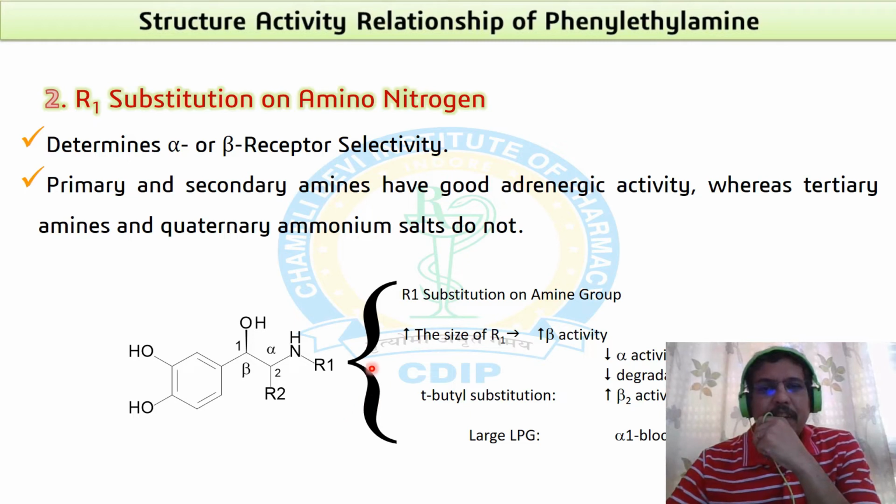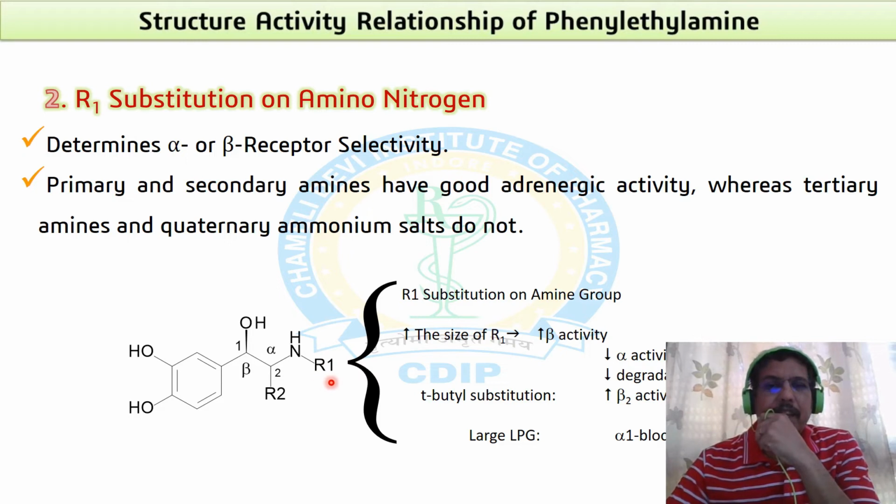So generally, if we increase the size of R1, meaning hydrogen, then methyl, then ethyl, then isopropyl or propyl, then the tertiary butyl, the nature changes. If it has a size like tertiary butyl or isopropyl, then the compound has more beta-selective activity as compared to alpha.